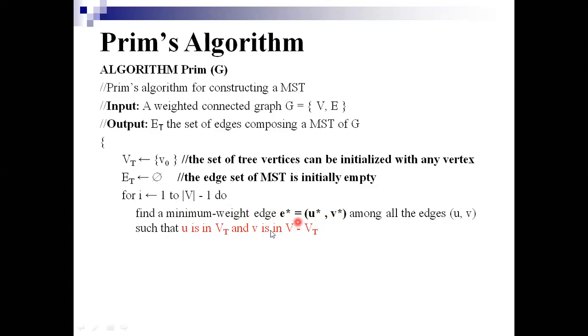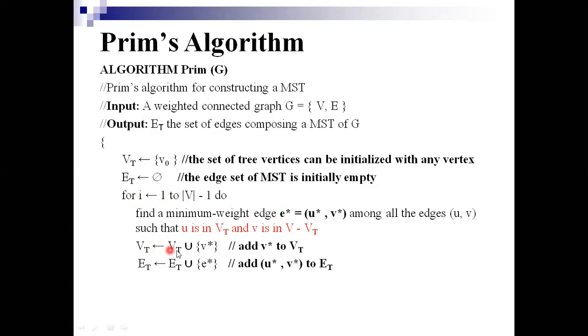And how many times do I have to repeat this selection process? Till I select a number of edges equal to 1 less than the vertices. So I'll put this inside a for loop, for i equal to 1 to cardinality of V minus 1. That is, cardinality of V means the number of vertices, minus 1. Once I select the least cost edge or the minimum weight edge, update my VT.